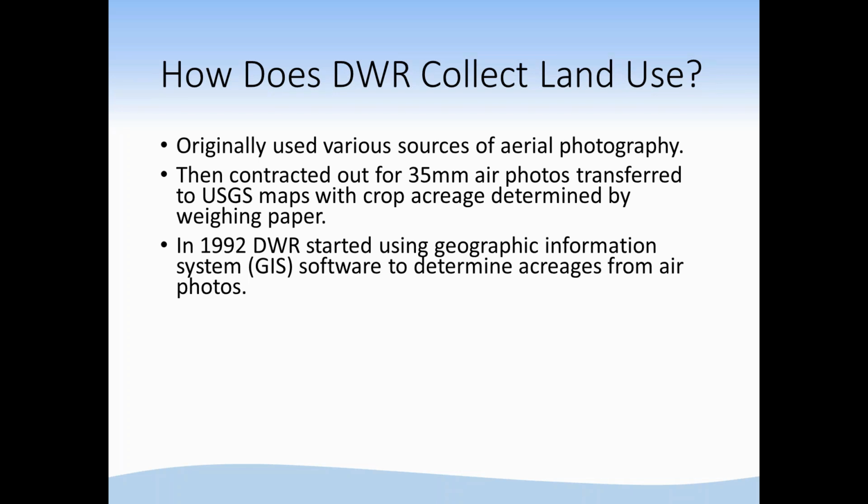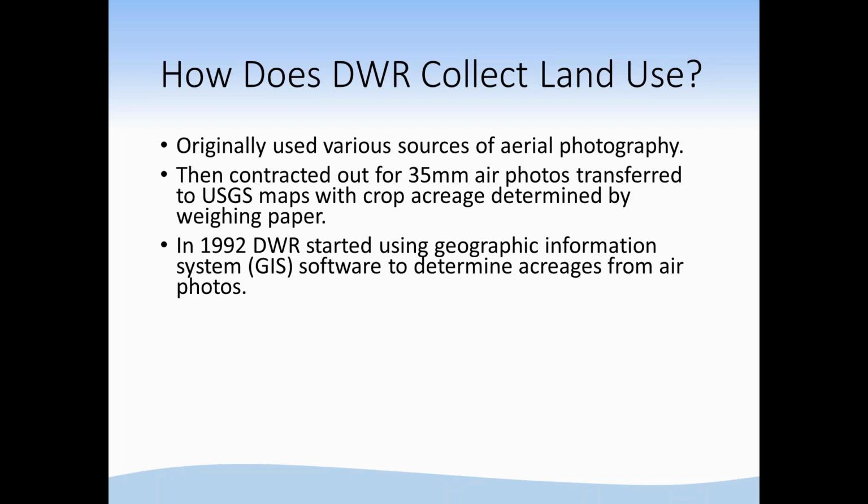Then in 1992, we started using GIS, and that technology has just increased and increased, as you'll see in a demo later. It let us bring quads into a format we could work on and determine areas very quickly. Back when we were doing it on quad maps, we drew the land use on hard copy quad maps.